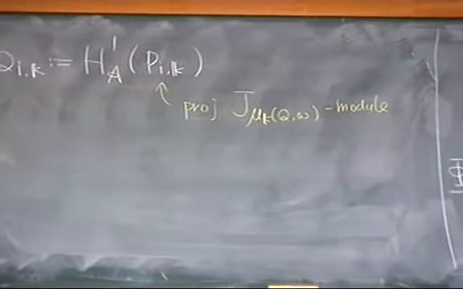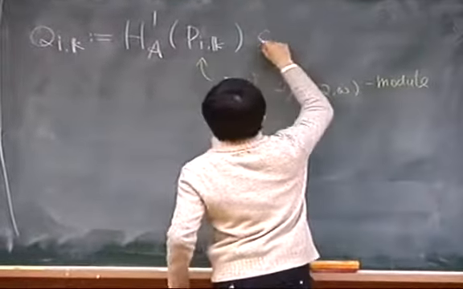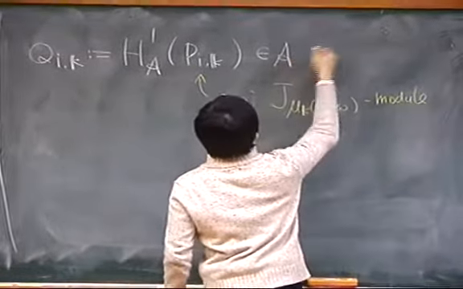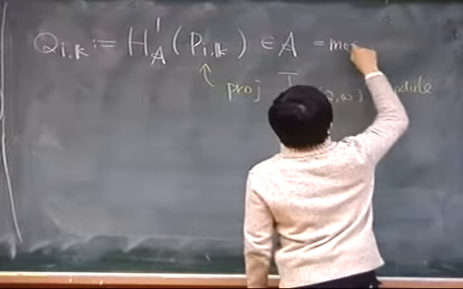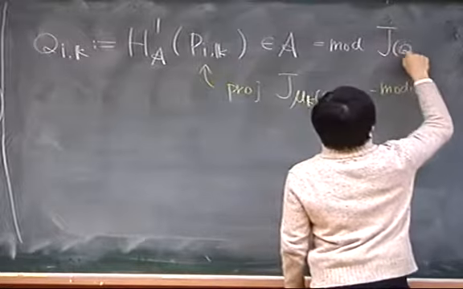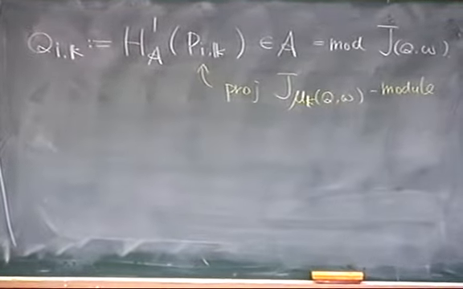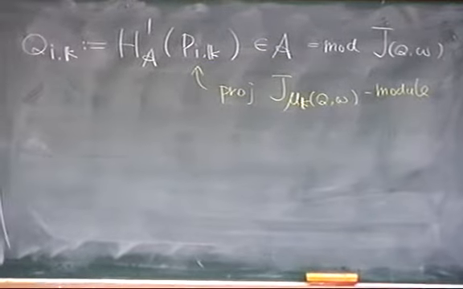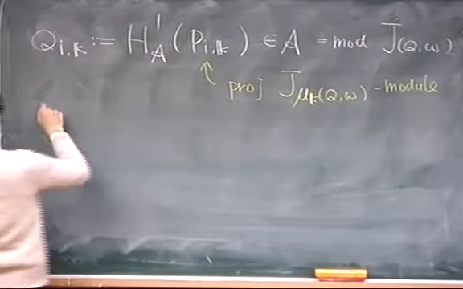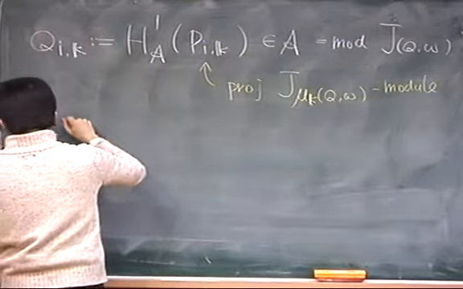So this is in abelian category A. So this is the module over the Jacobi algebra of the original quiver. So this is the so-called quiver Grassmannian.